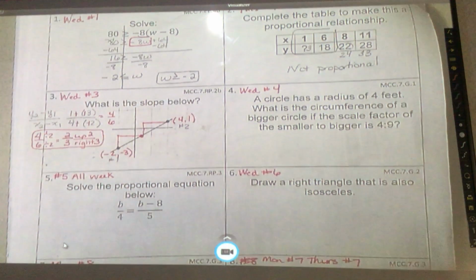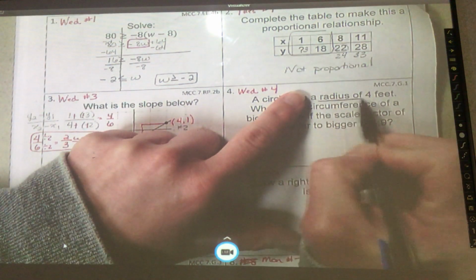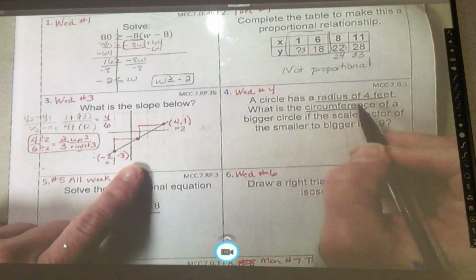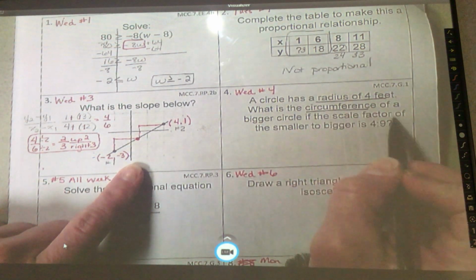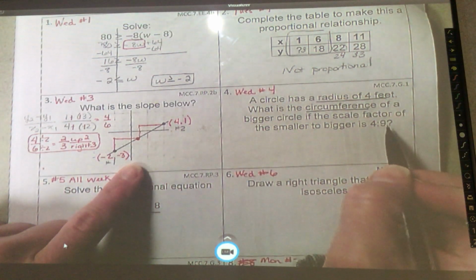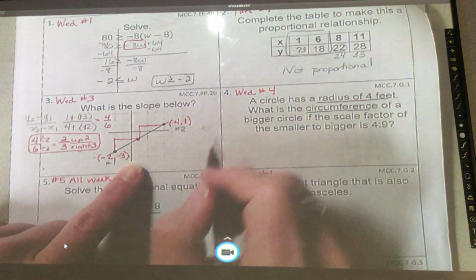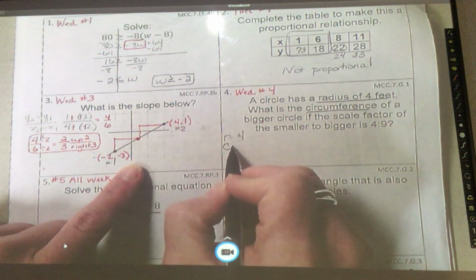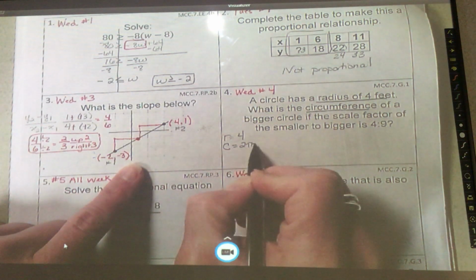Number 4, a circle has a radius of 4 feet. What is the circumference of a bigger circle if the scale factor of the smaller to bigger is 4 to 9? Okay, so I've got the radius equals 4, so I need to find the circumference. To find the circumference, it's 2 pi r.